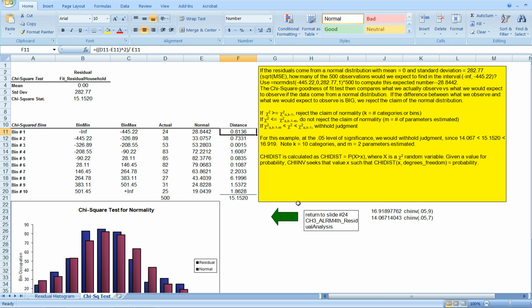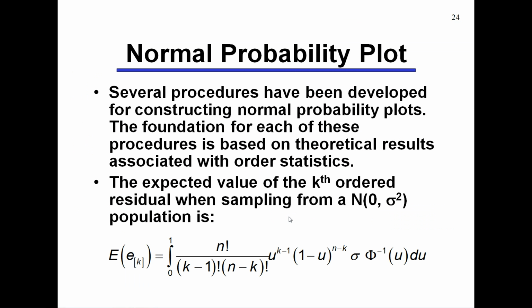And in this particular case, you can read through the particulars, but I just wanted to alert you at this point to the fact that there is this ability to actually do a statistical test of hypothesis to assess the assumption of normality.